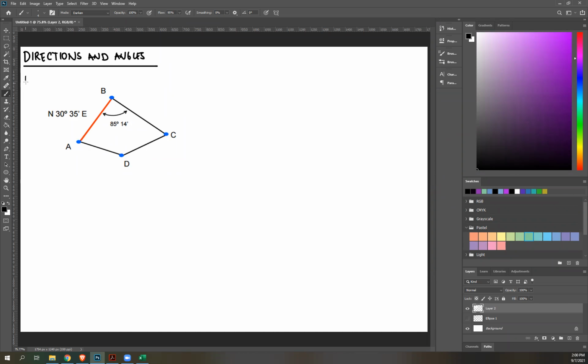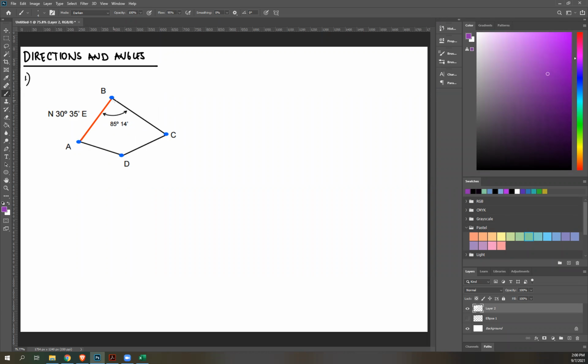Now that we know that, to get the azimuth, it's basically drawing a vertical line and figuring out what this angle is. The easiest place to put your reference line would be at the beginning or end of your segment.